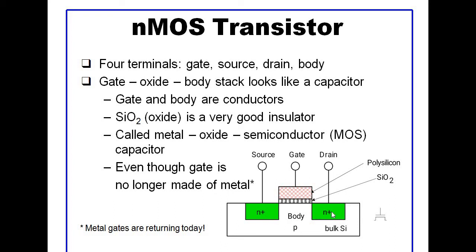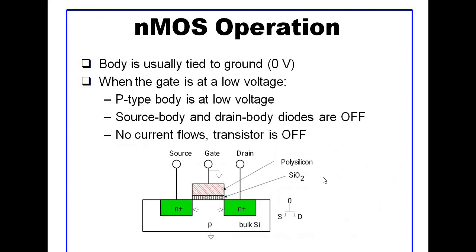The electrons outnumber the holes, and a thin region under the gate called the channel is formed. A conducting path of electron carriers is formed from the source to drain, and current can flow. This is how an NMOS works.